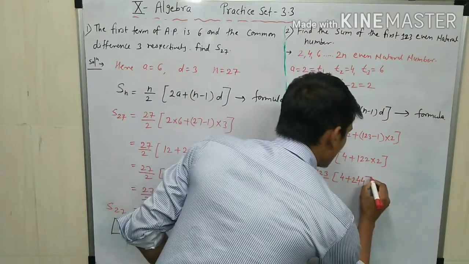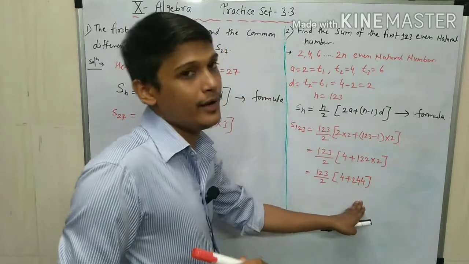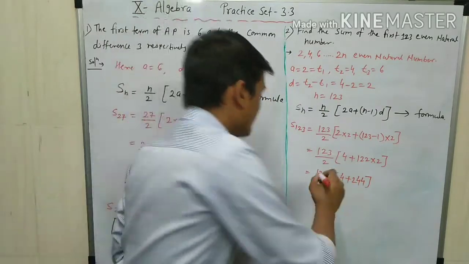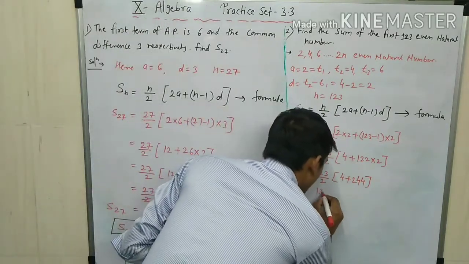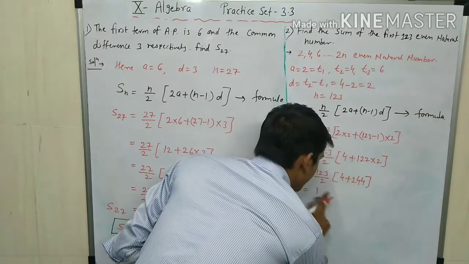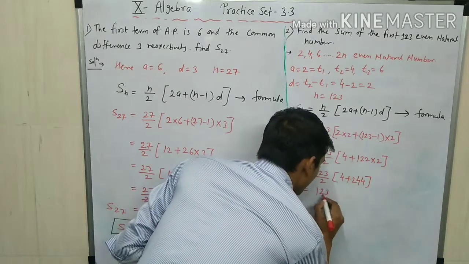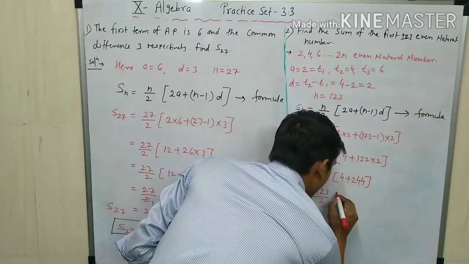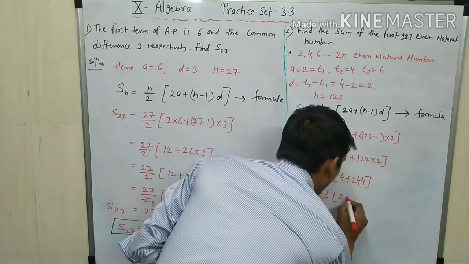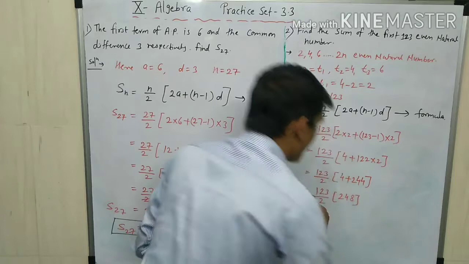Clear? There is 244. Now we add 4 and 244, and the value is 248. Clear?